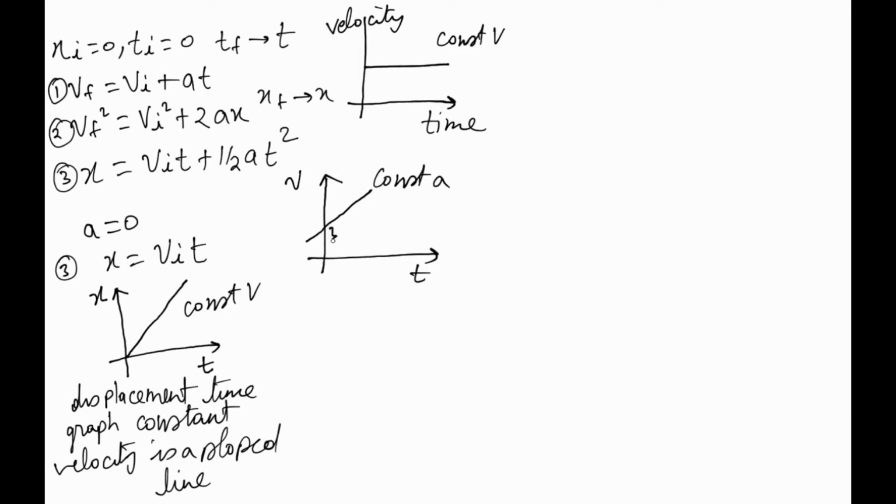and this is Vi, and we know the slope is going to be a here. Similarly, the slope will be velocity, or v, for the previous graph, because that's how the equation of a line is.